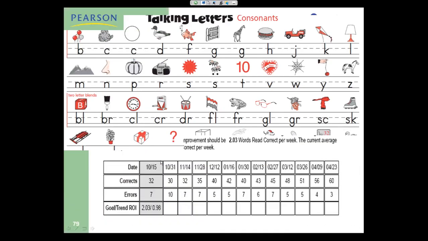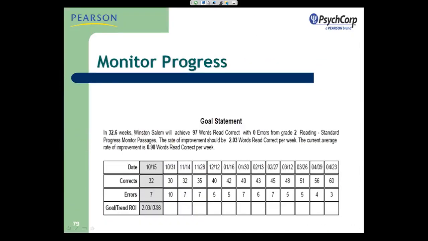We monitored progress. You notice right here, the goal was for him to learn 2 new words. He actually learned 1 new word. He should have learned 2 new words per week, and he learned 1 new word per week.